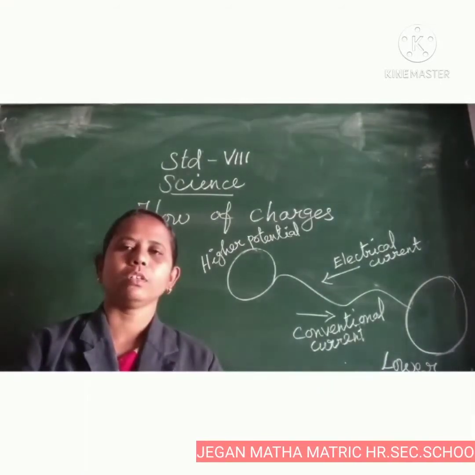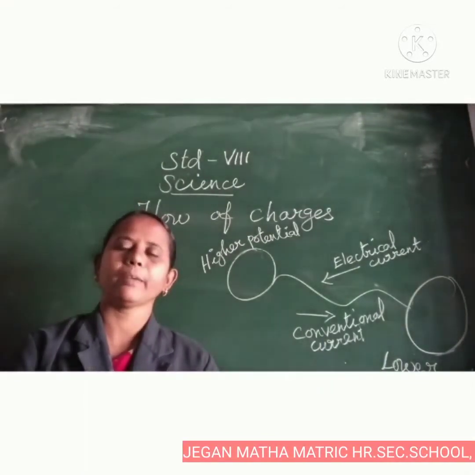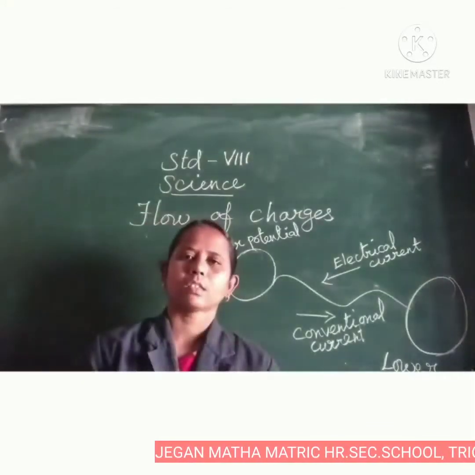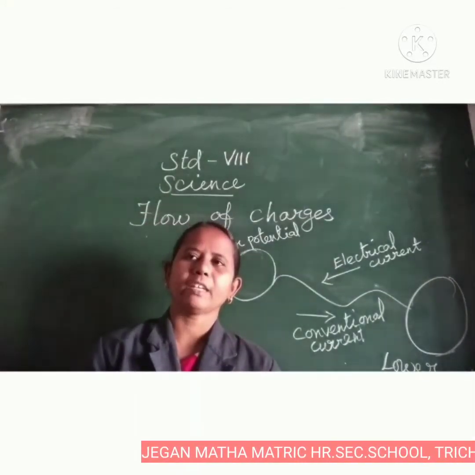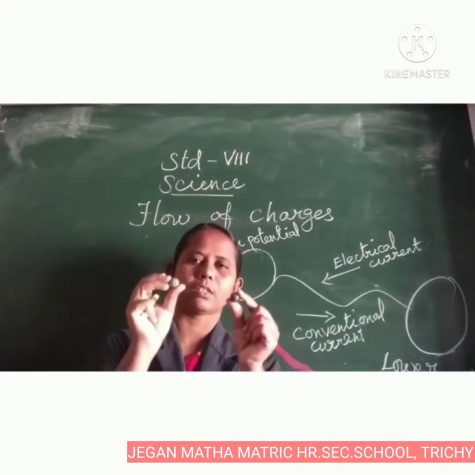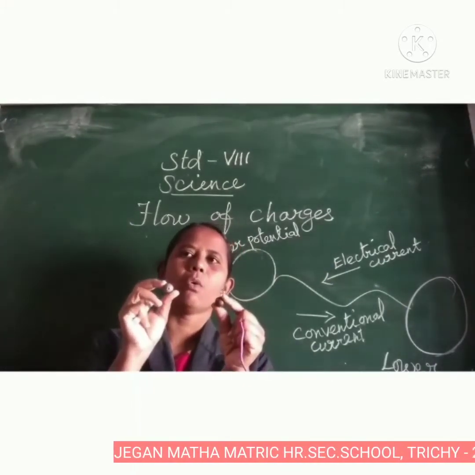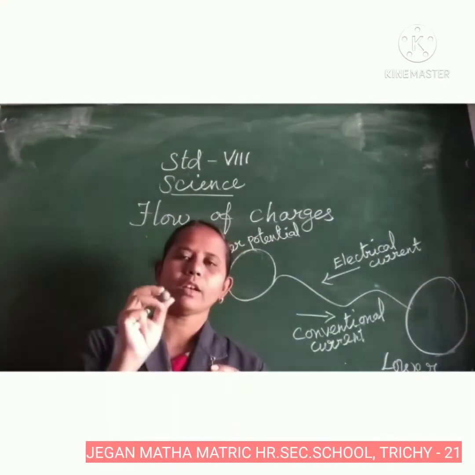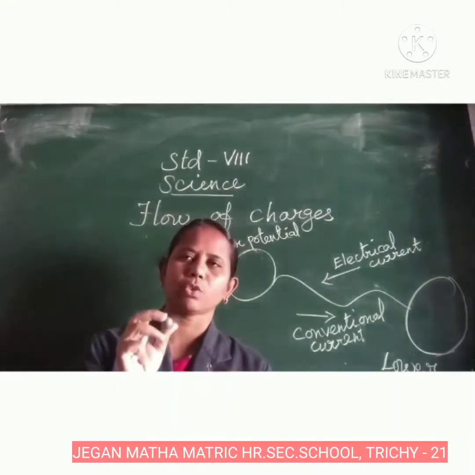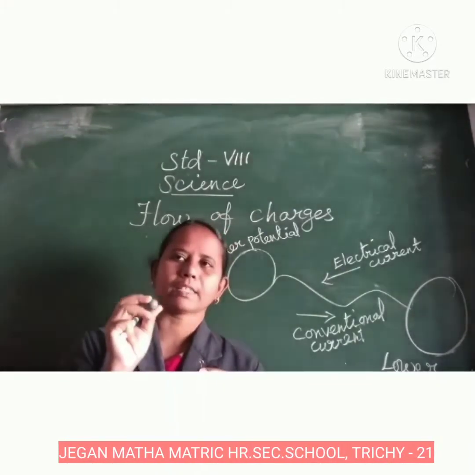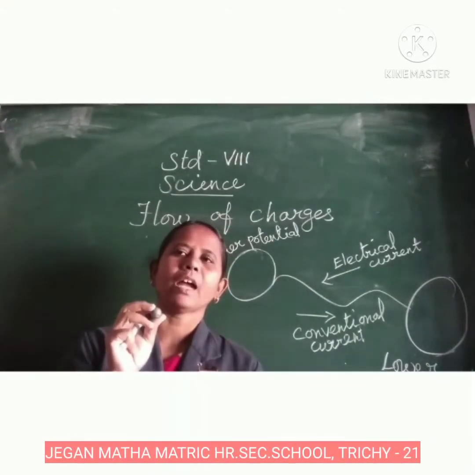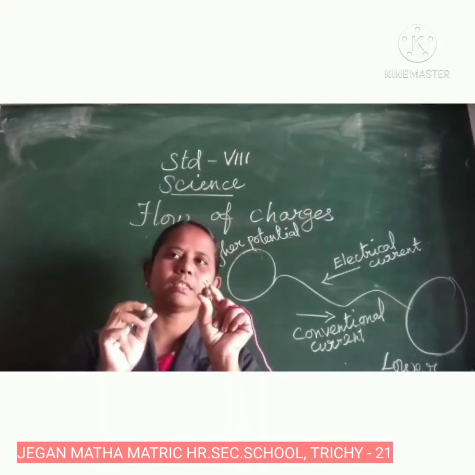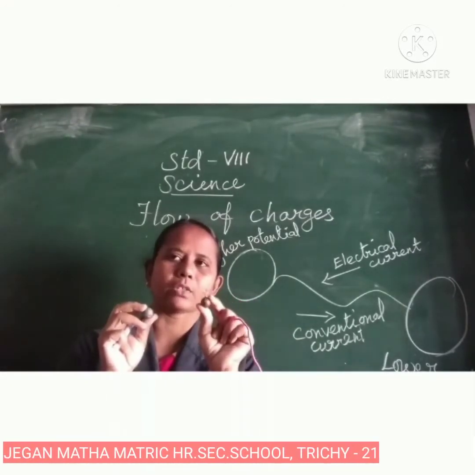Already you know, charges have two types, positive charge and negative charge. Suppose you have two metallic spheres, one having more negative charge, that means excess of electrons, and the other having more positive charge, that means the deficiency of electrons.